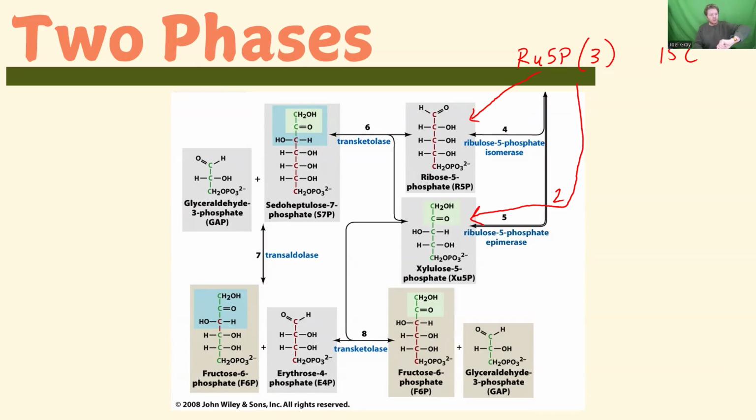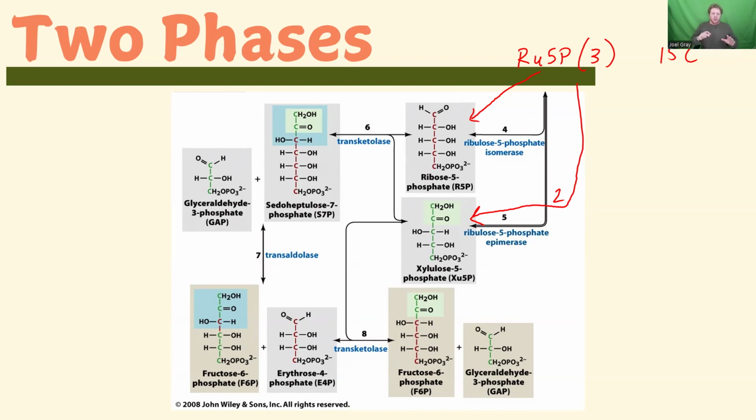They're going to be acted upon by an epimerase, and we're going to make xylulose 5-phosphate, which is two 5-carbon molecules. So we've got 10 carbons among the two xylulose 5-phosphate molecules. I'm going to erase that so that it doesn't produce any confusion.